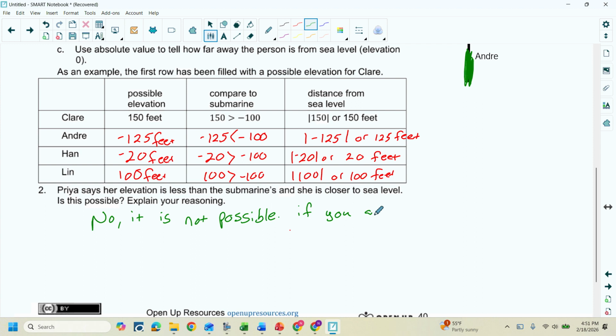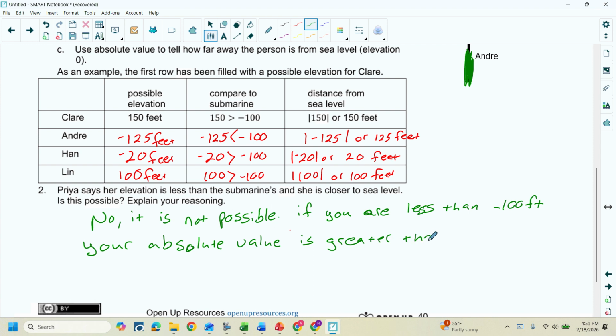If you are less than negative 100 feet, your absolute value is greater than 100. It's not possible to be less for both.